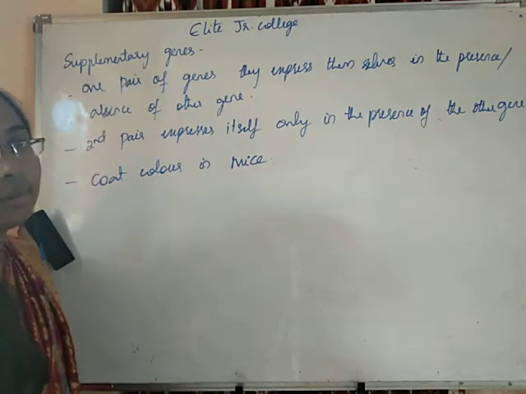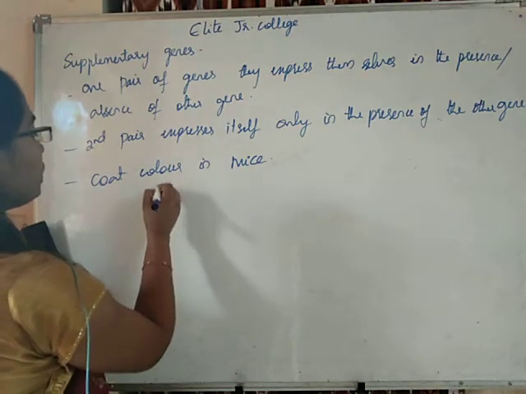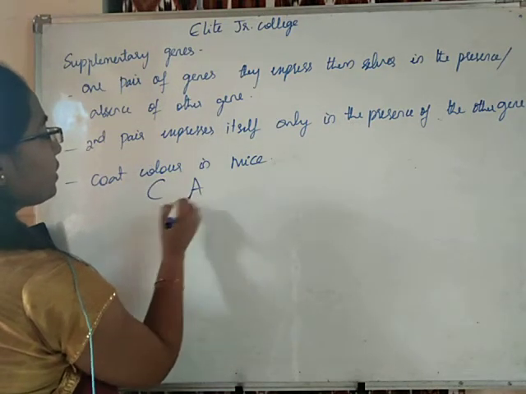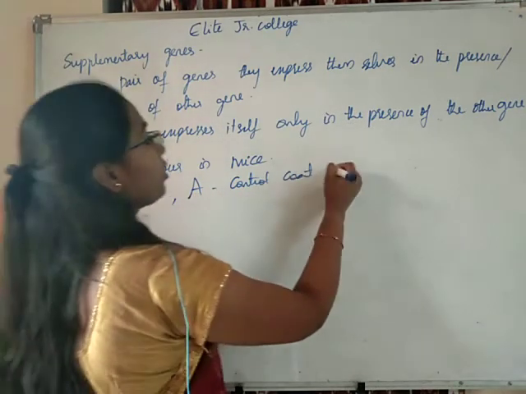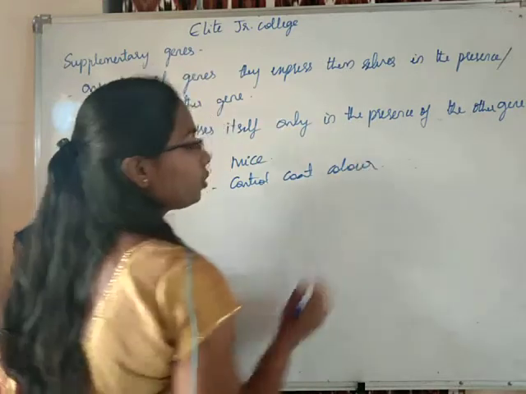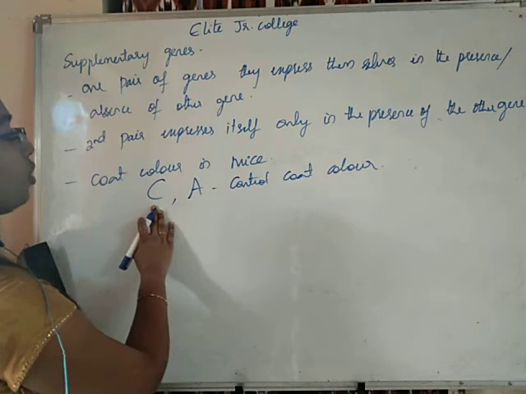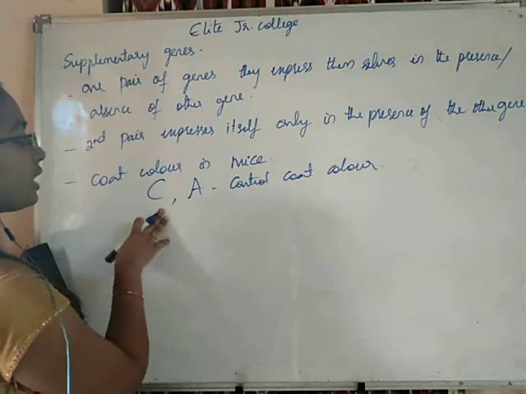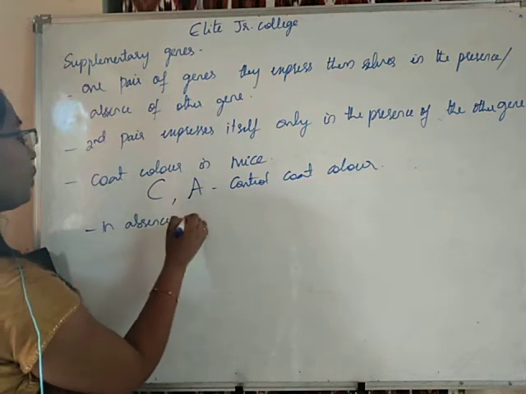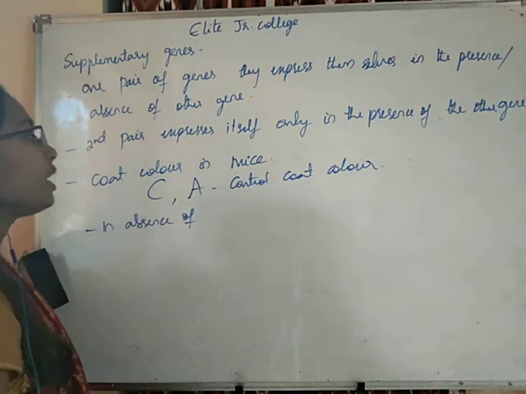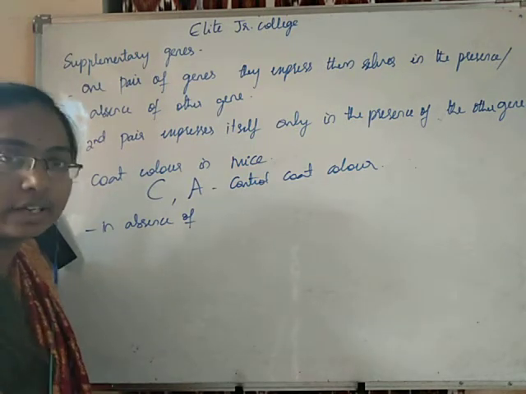This coat color in mice is controlled by two types of genes, C and A. We have learnt that we should consider capital letters as dominant and small letters as recessive.